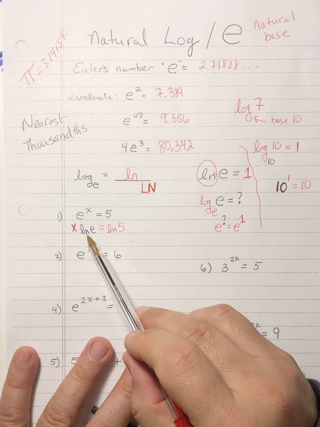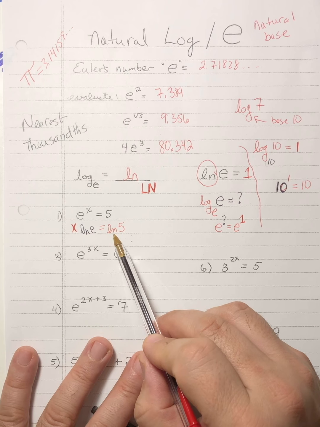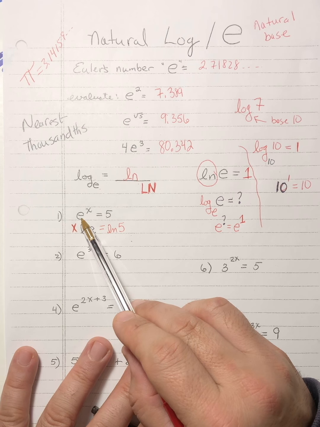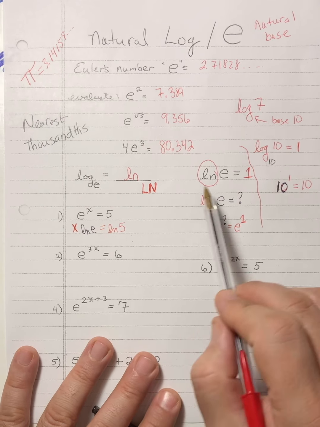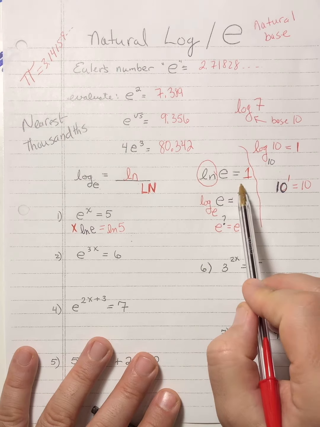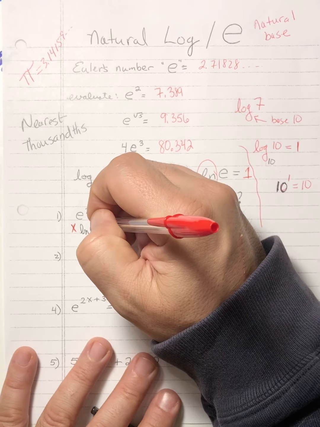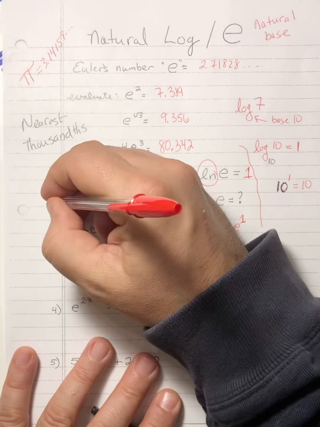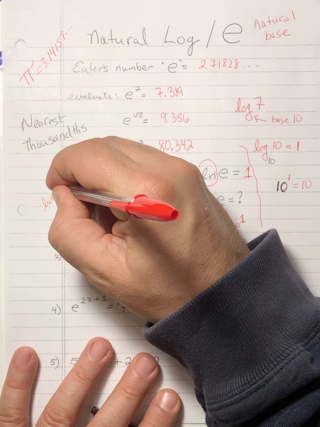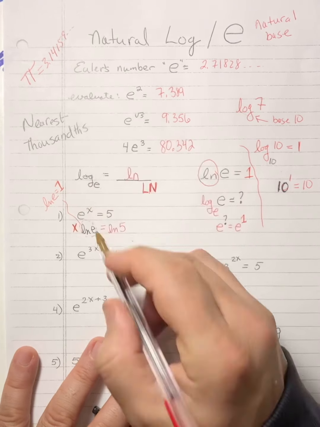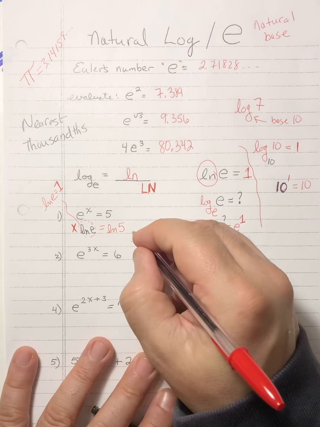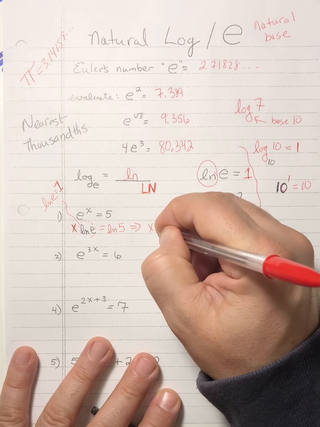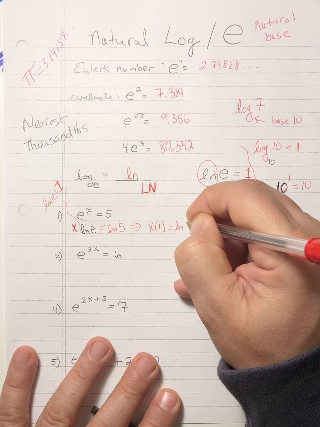And now I just have to finish my problem. Now here's the nice thing about when we see problems that involve E. And I'm using ln. Right over here, what do we know about ln of E? That's right, ln of E is equal to 1. So this right here is literally, I'm going to write it over here because I'm running out of room, x times 1 equals ln of 5.